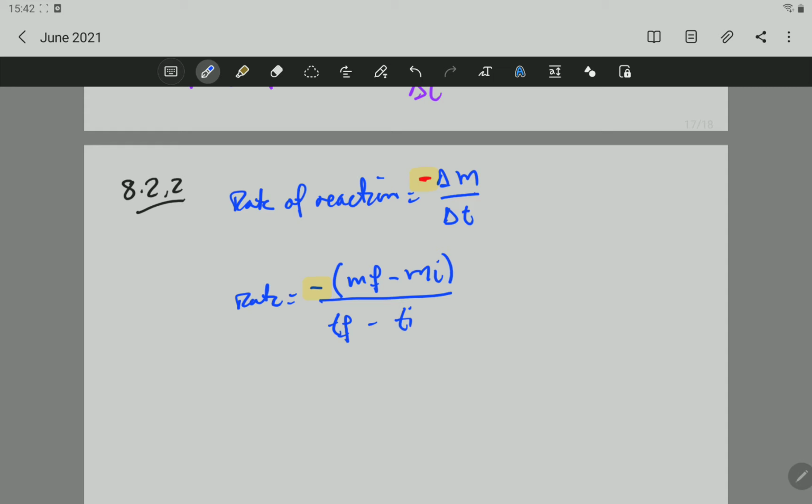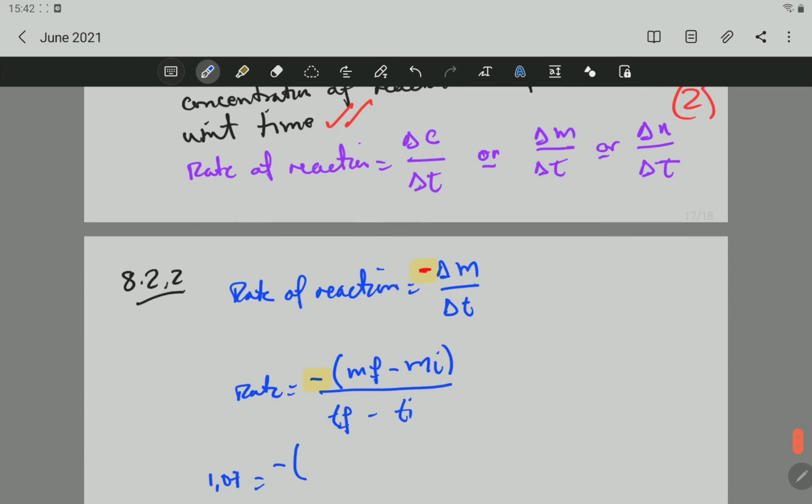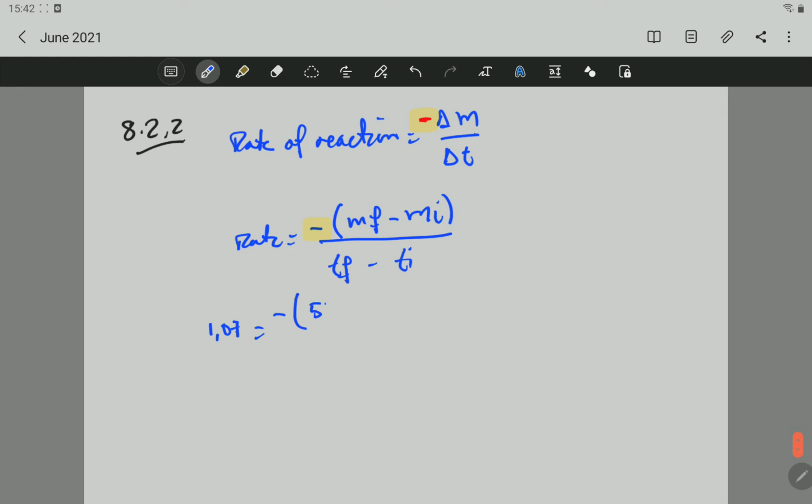The rate was 1,07. So 1,07 is equal to minus final mass, which is 54 grams there, minus X, that is what we're looking for, divided by the time.